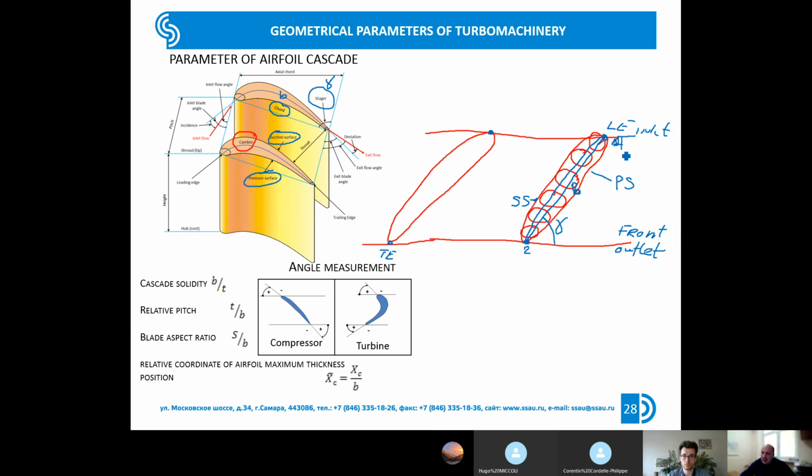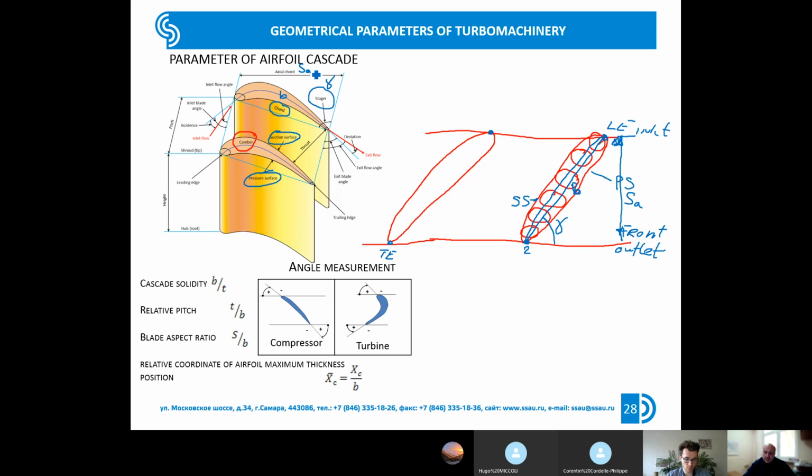This is the length of the blade row in the axial direction, and we usually designate it b_a. In this picture, it's this parameter.